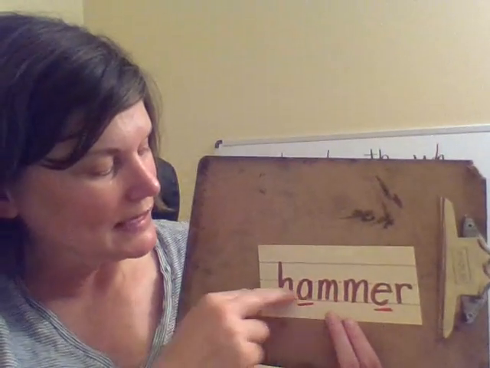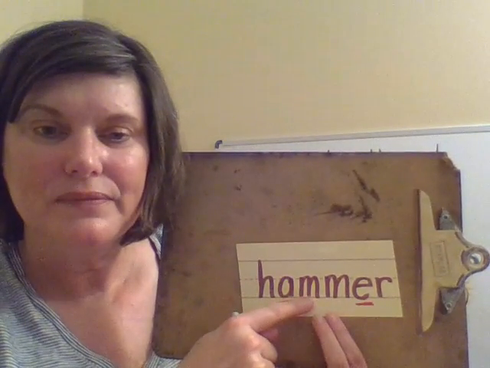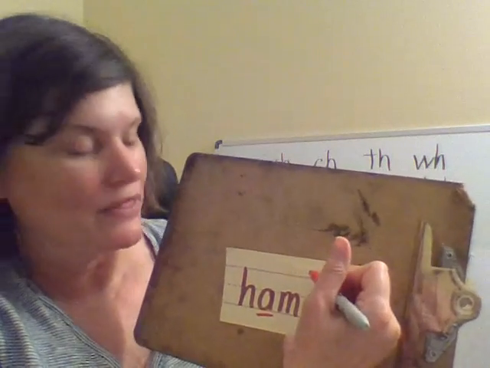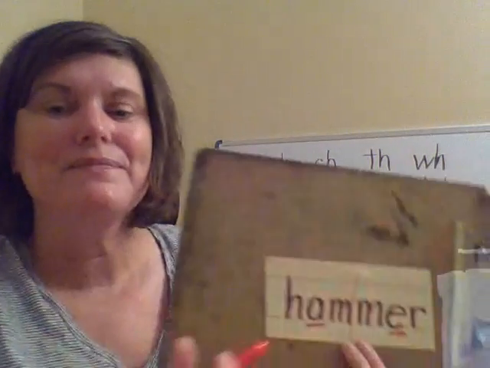Okay, so remember, what's our rule? What do we do to the two consonants? That's right, we split them up. We're not going to keep them together anymore, unless they are a digraph, okay?